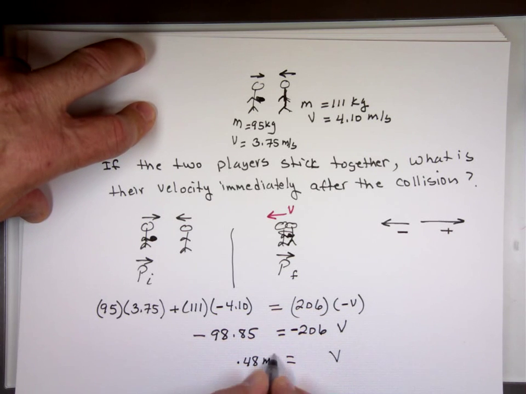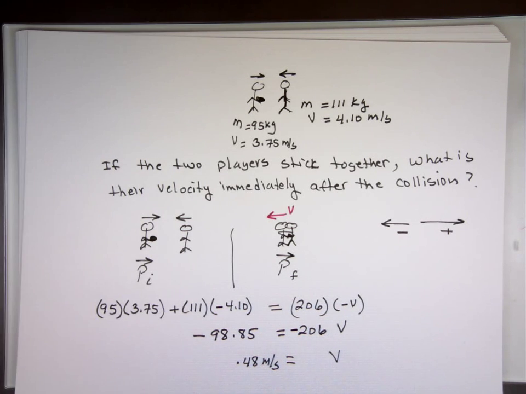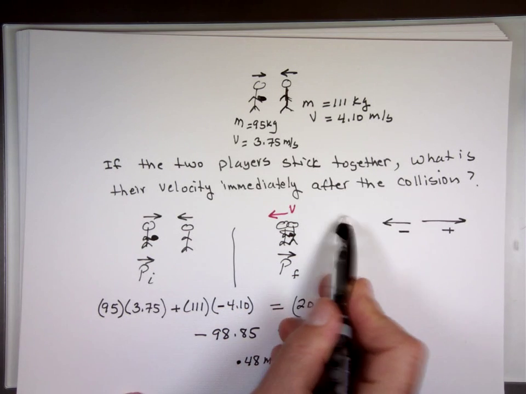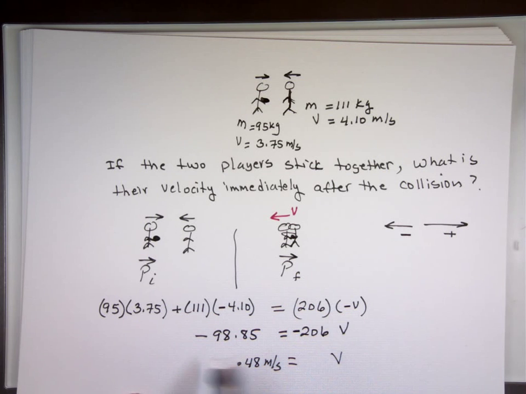That says I was right with my assumption. Notice 0.48, it says, yep, your assumption, the direction to the left, is correct. And how fast? They're going to move together with an initial speed of 0.48 meters per second. If I made it go to the right instead of the left, this would be a positive V, which will make the number negative. That tells you, oh, the direction should be backward.